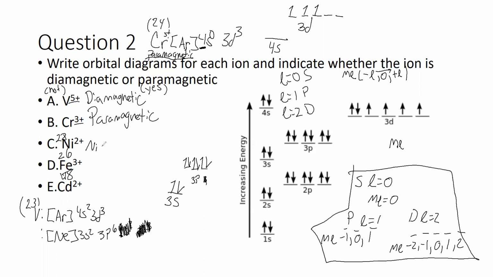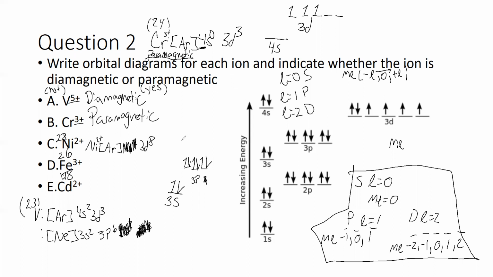But nickel itself is argon 4s2, then it's 1, 2, 3, 4, 5, 6, 7, 8, the 8th element, 3d8. If we're 2+, we take them from the highest energy level, which is the 4th shell. So we take 2 electrons there, and we're left with 3d8.